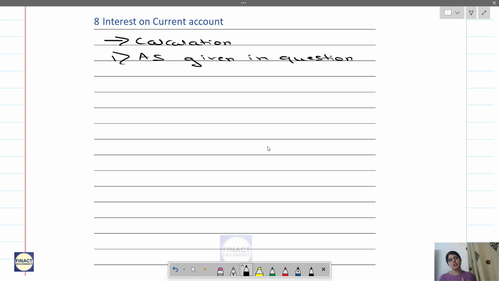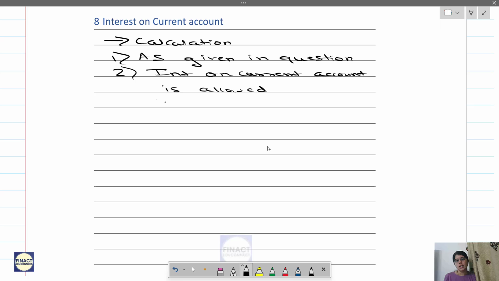They will just give you the balance of the current account and ask you to calculate the interest at the given rate. Now there are 2 things we need to see. Interest on current account is allowed.